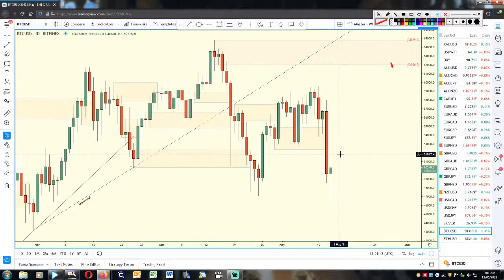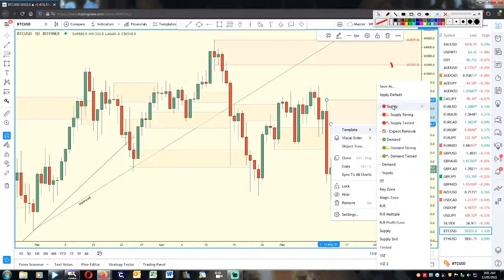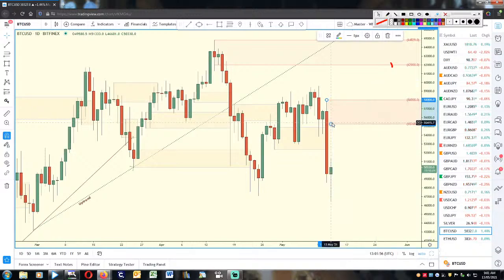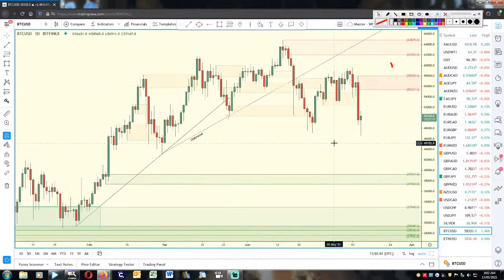How do we come to know the area of demand by banks? Well, that's what we teach at the school. It's a process of going through the charts and locating the bank's supply and demand. A lot of it has to do with understanding that the banks are using algorithms to accumulate positions and to distribute positions.